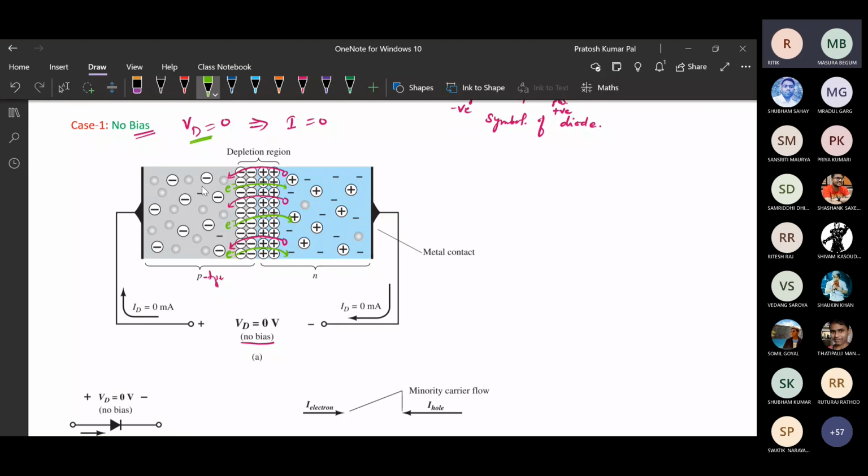Similarly, the positively charged immobile ions will attract electrons that are minority in the p-type region to the n-type region. So this will be happening inside this semiconductor diode when no voltage is applied.